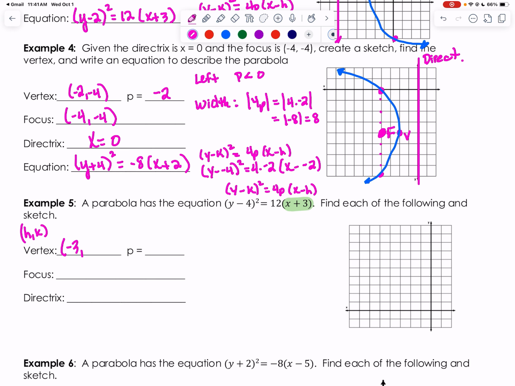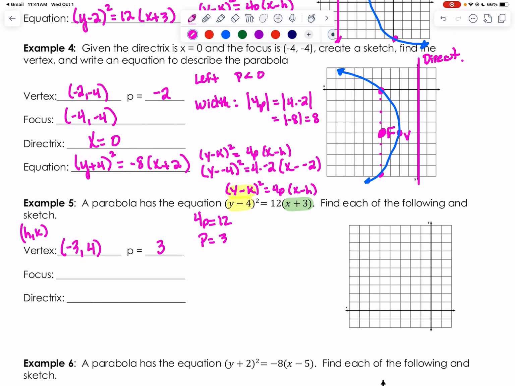The value of k would be in this parenthesis, so that would be positive 4. Okay. To get p, we know right now that 4p is equal to 12. So 1p must equal 3.